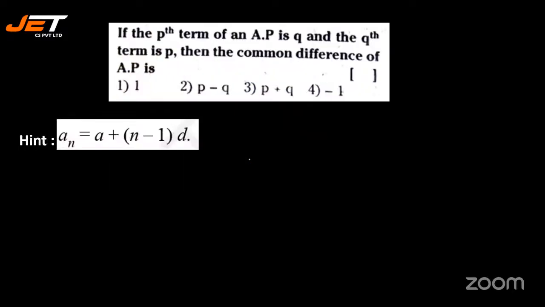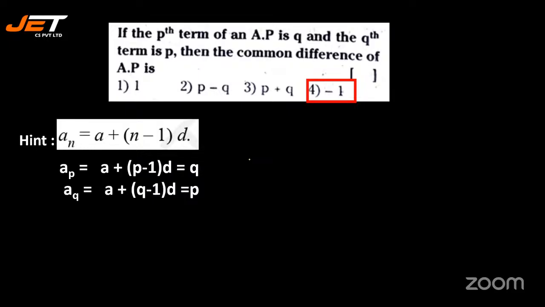See the next question. If the pth term of an AP is q and the qth term is p, then the common difference of the AP is dash. A plus (n minus 1) into d. All right. So a plus (p minus 1) into d is q. So a plus (q minus 1) into d is p.